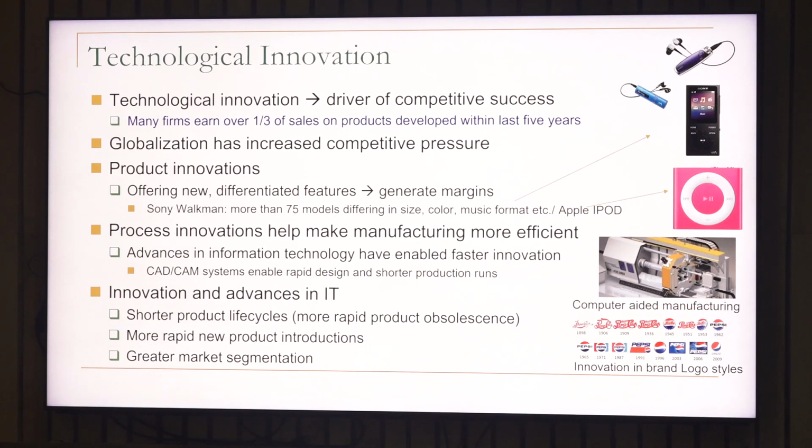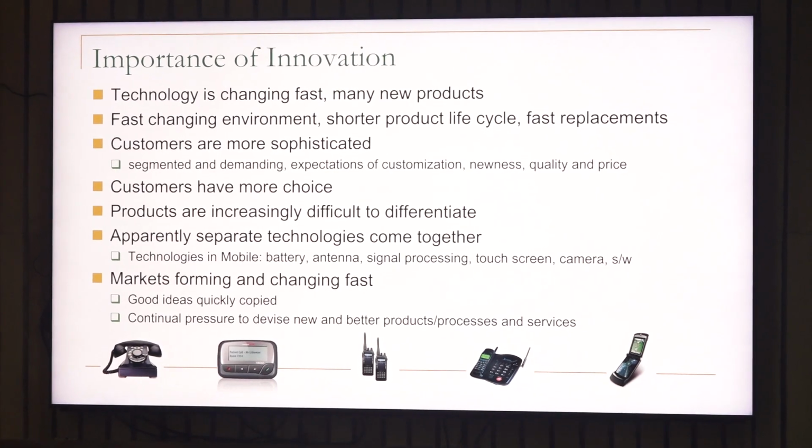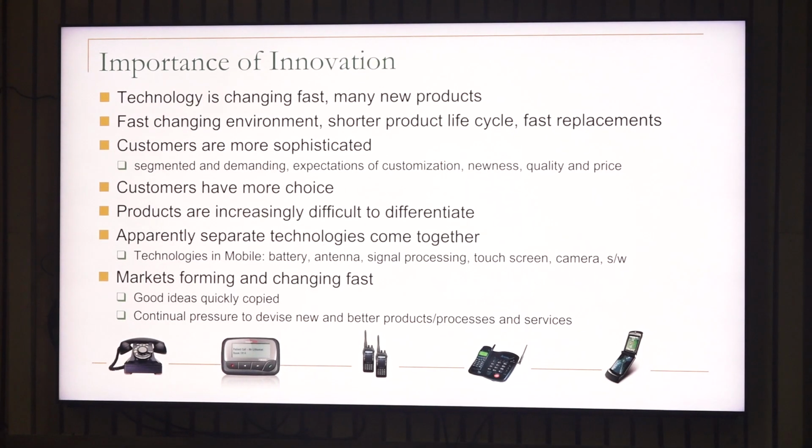Then this we have discussed. Technology is changing at a fast pace. When technology is changing, product life cycle is also changing. Product life cycle, we say, is shrinking. And customers are becoming more sophisticated because they have more education, and at the same time they have more experience with alternate products.